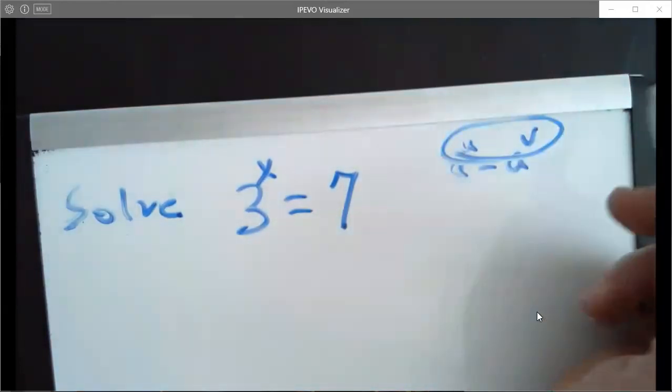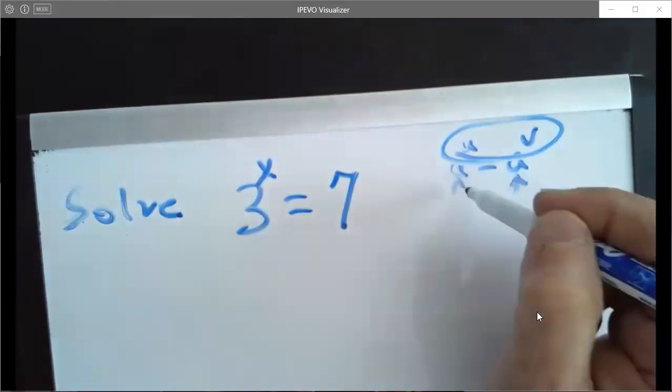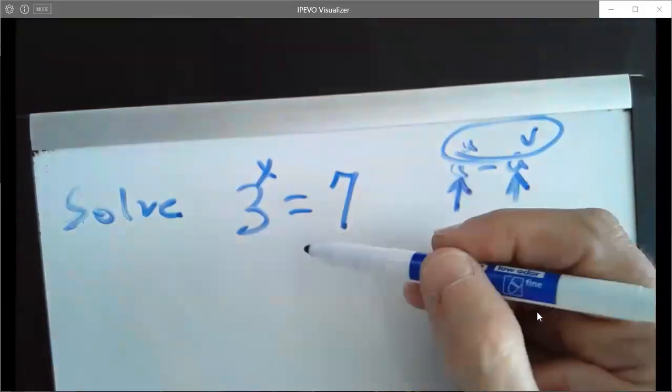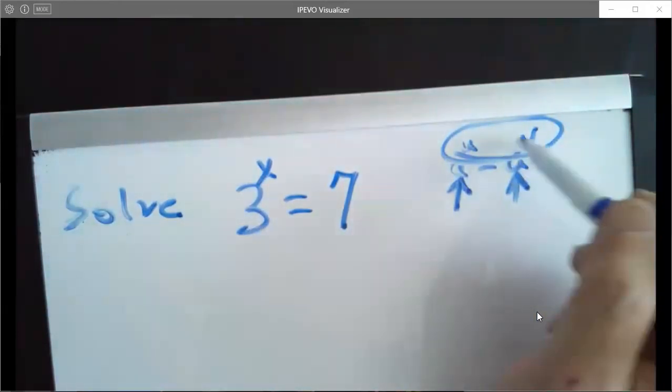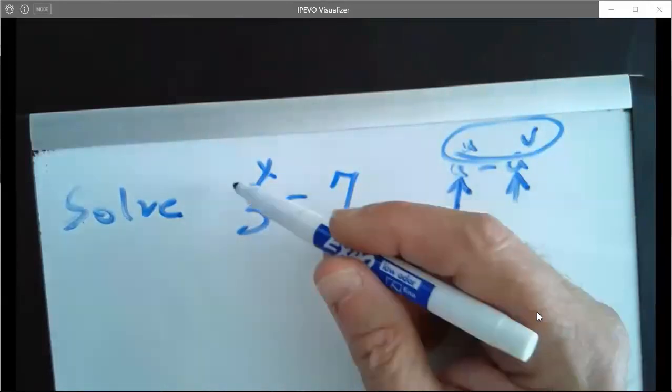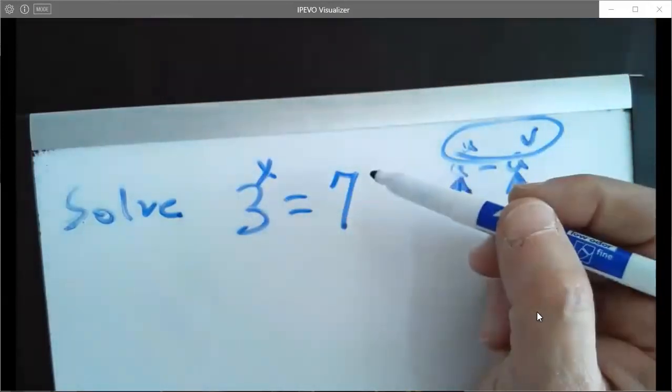We can set these two. But you can only do that if these bases are the same. If they're not the same, then you can't use this, because you have a base that's a 3 and the other base is a 7. So you can't set these exponents equal to each other.